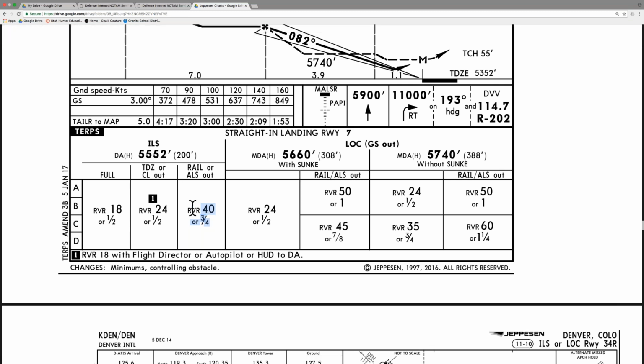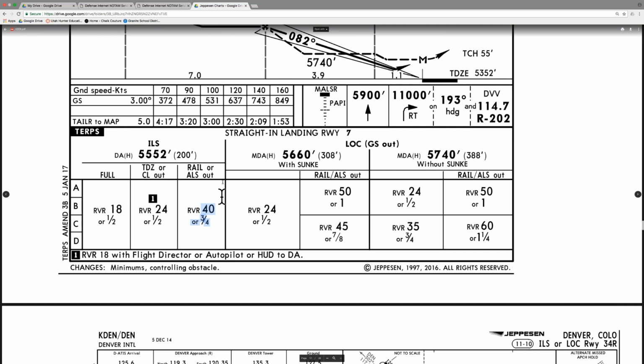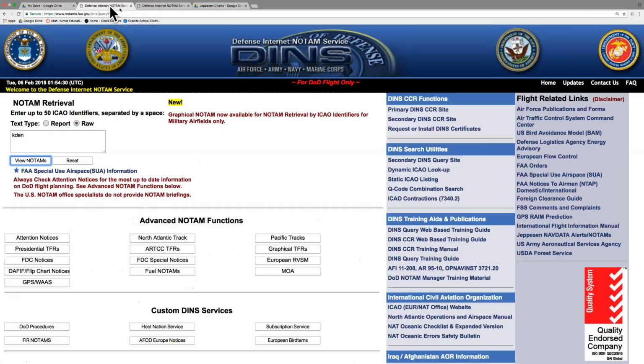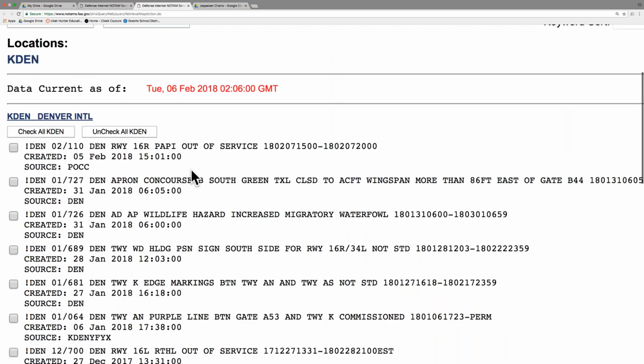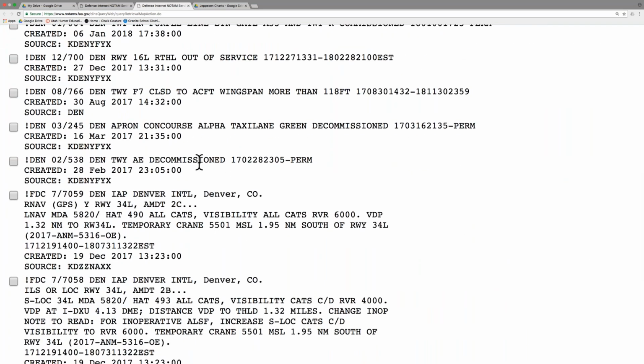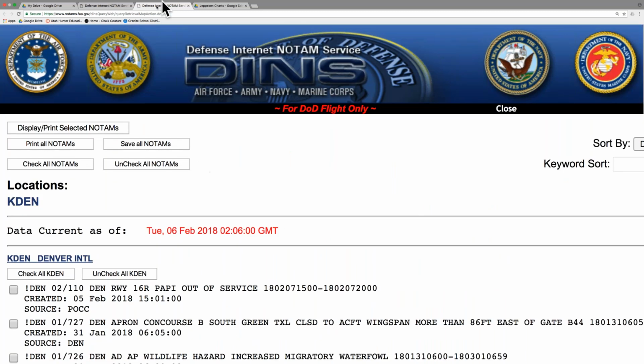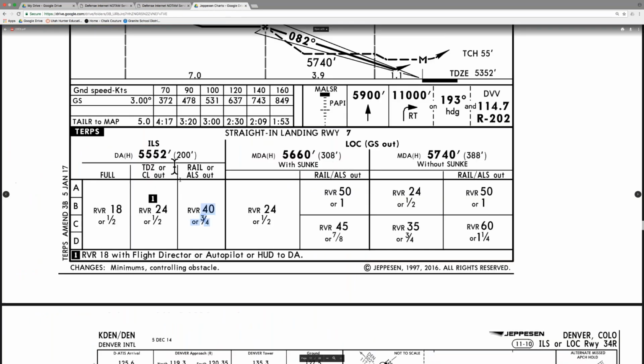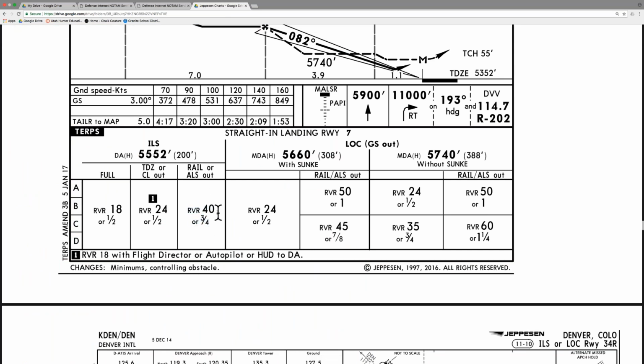So that's how NOTAMs can affect us as dispatchers. Something as simple as lights going out of service. We just looked at one today. We do these lessons learned scenarios, and we had that exact scenario. It wasn't the same airport. It was a different airport, but the dispatcher had listed an alternate for 16 different flights.